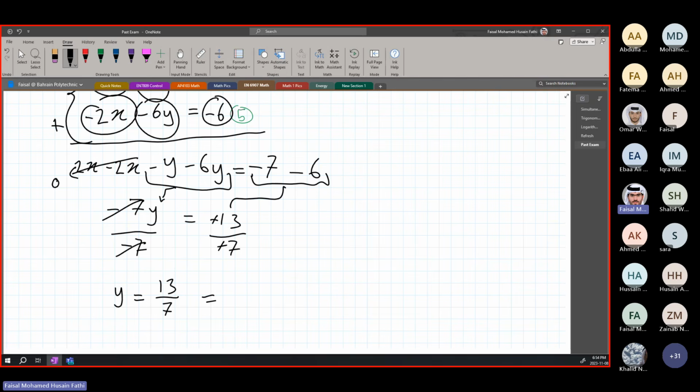Sorry about that. 13 divided by 7 is going to be 1.857. So we found y. We finished the first variable.